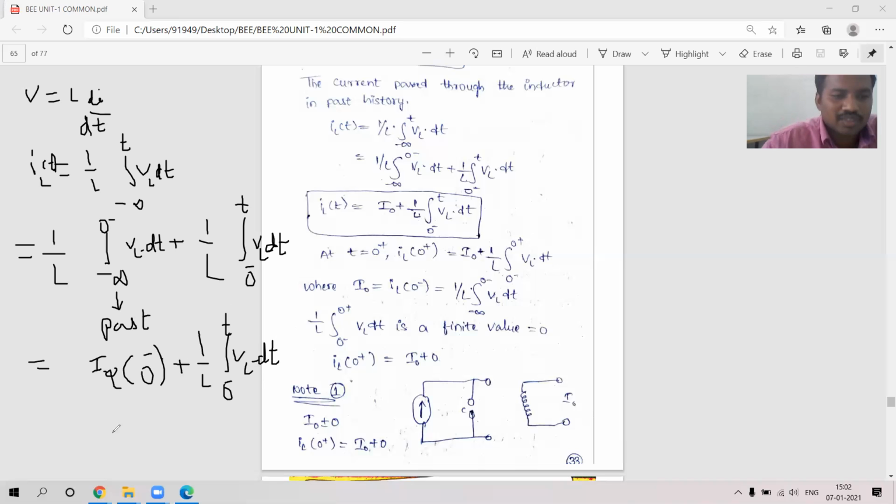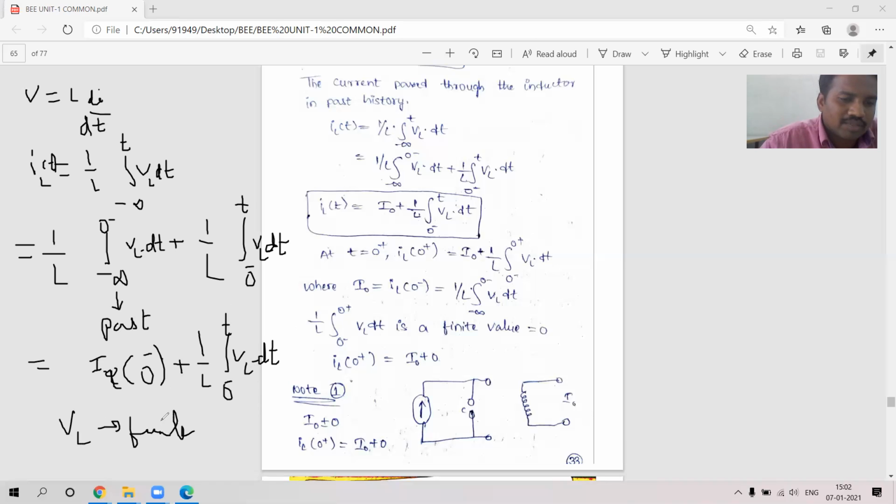See here, this is IL, this is the past current and this is the present, the value after switching on. Now VL is finite.